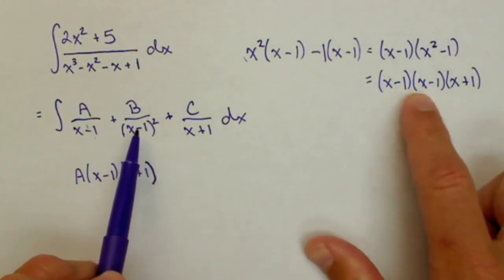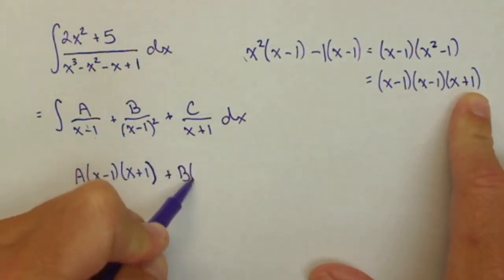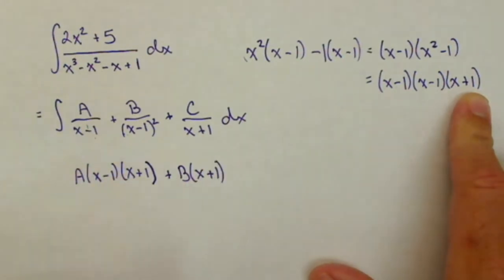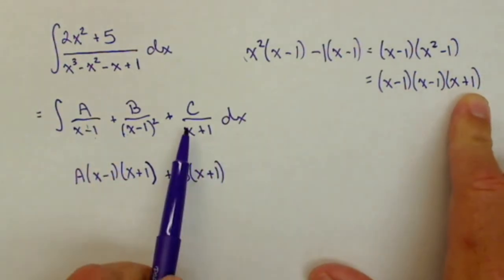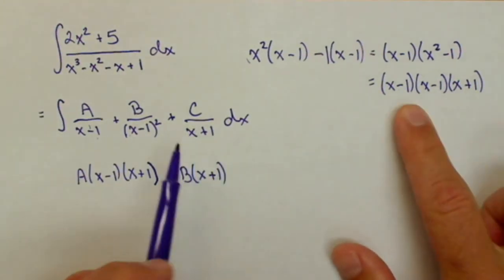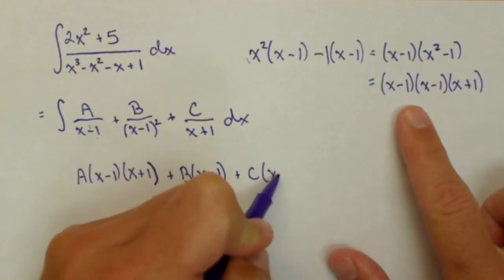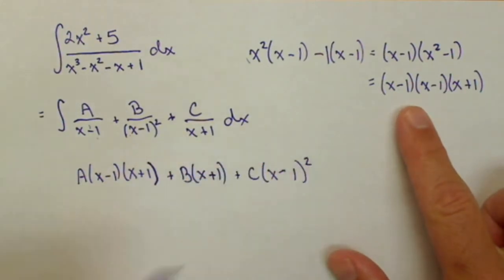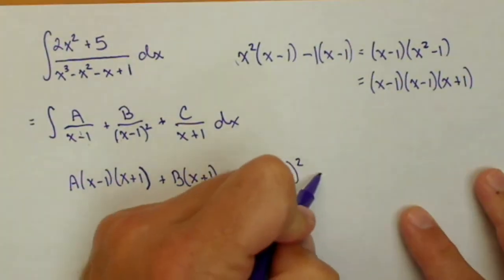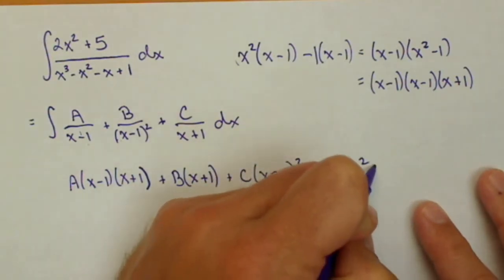B has both of these already in its denominator. It just needs the x plus 1. And the C has the x plus 1, but it needs both x minus 1s. So C times x minus 1 squared. This needs to be equal to 2x squared plus 5.